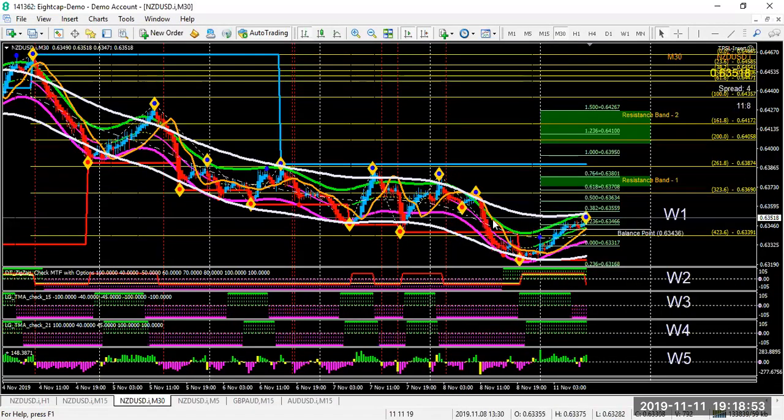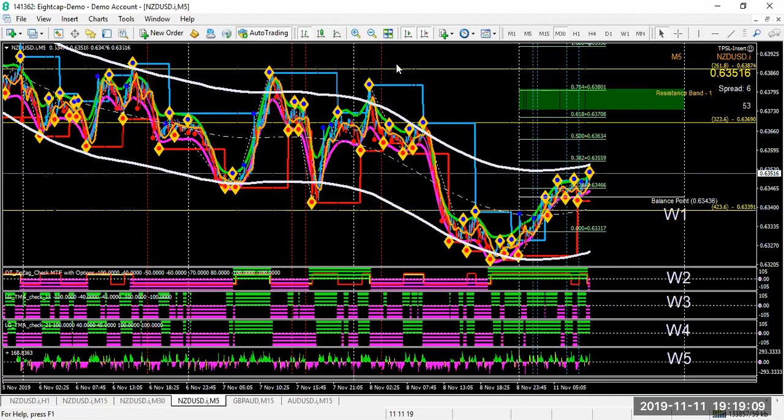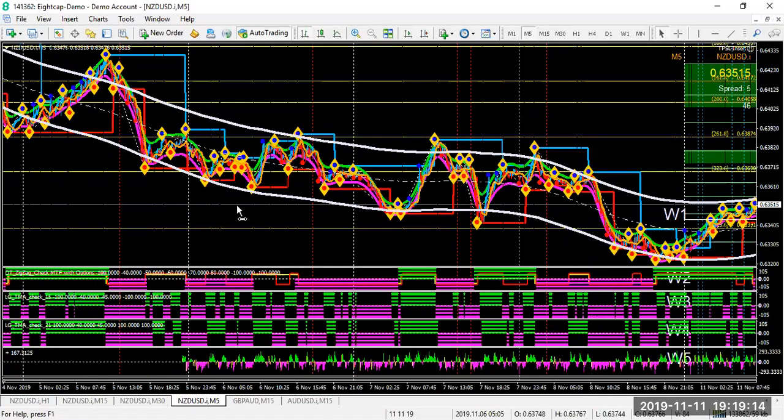Okay, so this is Friday, Thursday, Wednesday, Tuesday, Monday. And when they're within those diamonds outside the river, you've got so many time frames to choose from to take those trades.